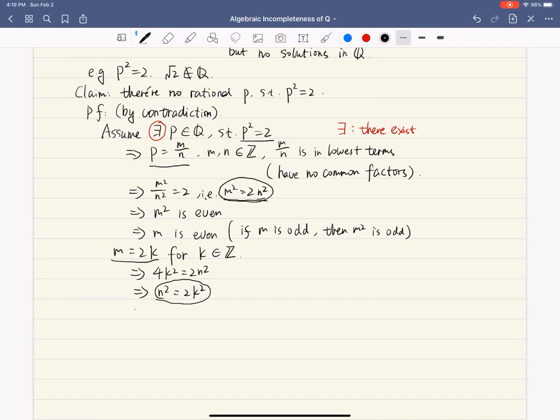So by the same reason, n squared is even, and hence n is even. So we already have a contradiction here. And if you can't immediately see where it is, pause the video, ponder that for a moment, and I'll spoil it for you.